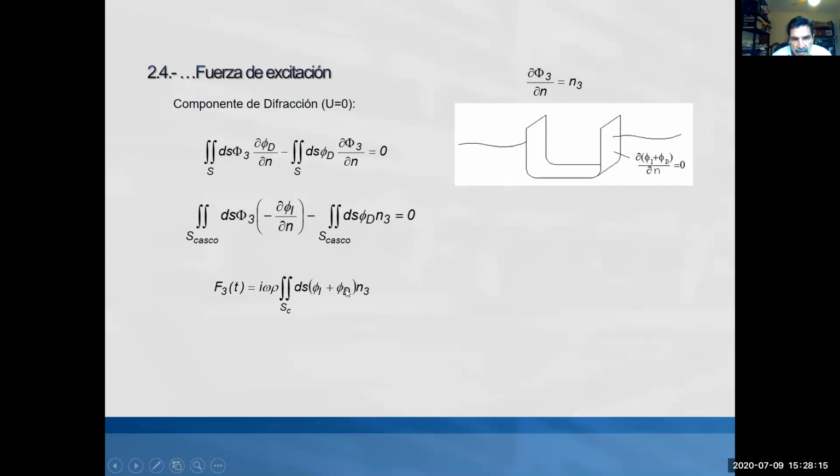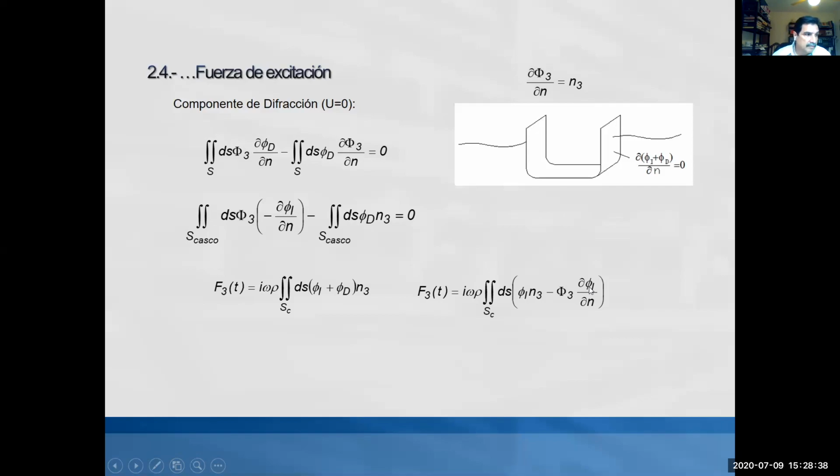And we see that we have phi3 and n3, which is this one. So instead of this, we're going to put it like that. There. So in this case, this is already calculated. This is the Froude-Krylov, and this is the one that we're trying to calculate. Phi3 is already calculated.